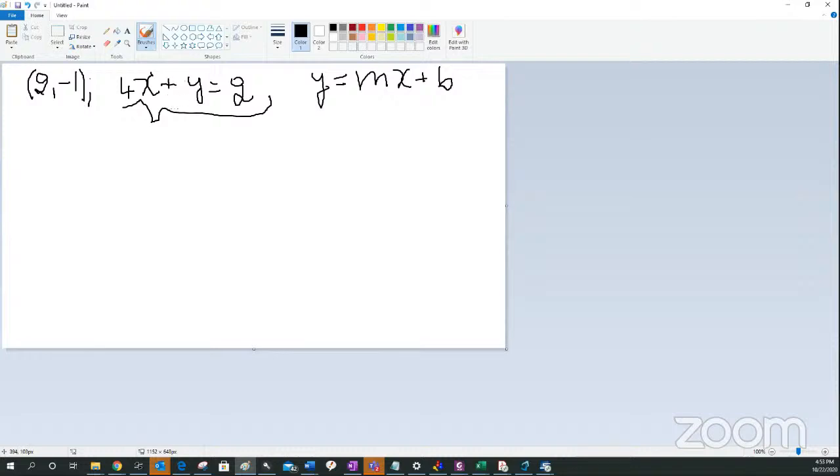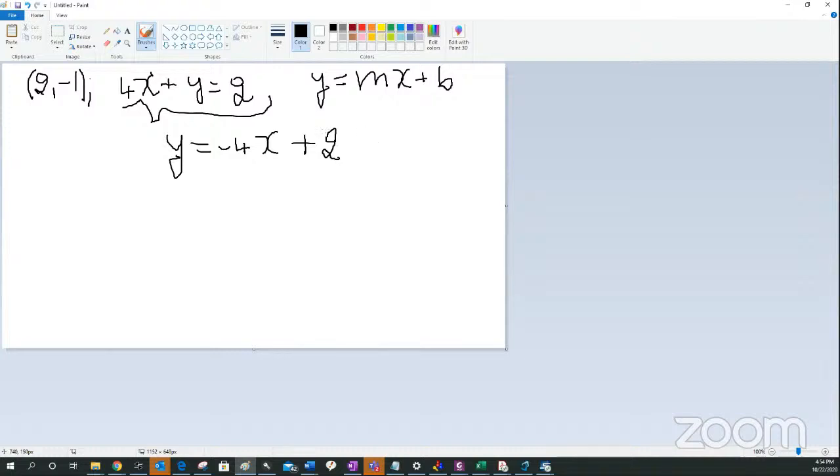So all I need to do is move the 4x to the other side. Then I'm gonna have y equal to, if 4x goes to the other side, you change the sign. Right now it's positive, so it will change to negative. So negative 4x, then you have plus 2. The 2 doesn't change the sign. So this is your equation.